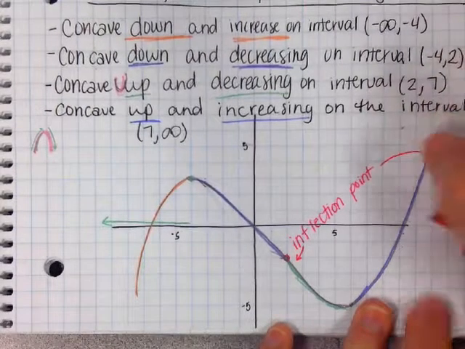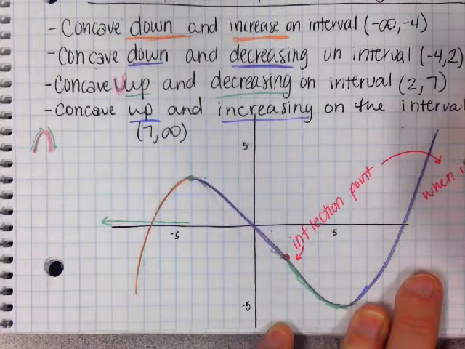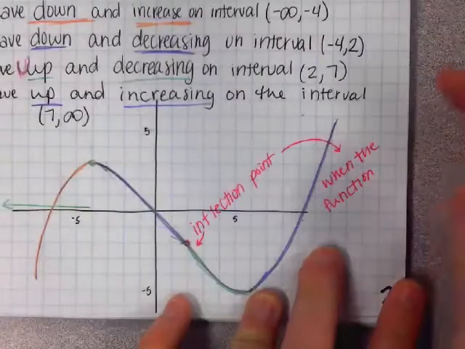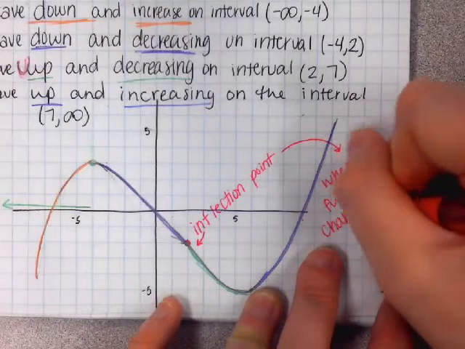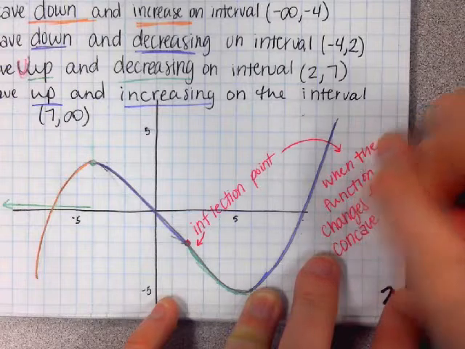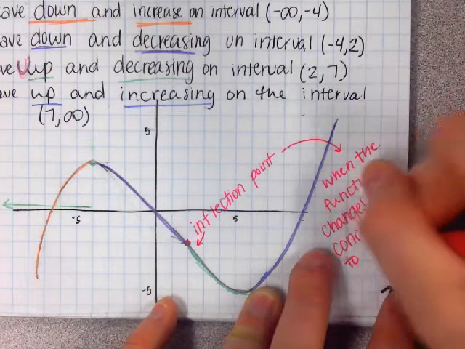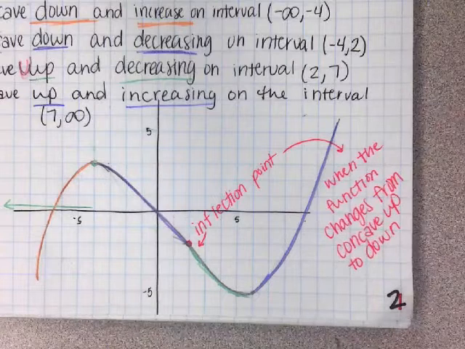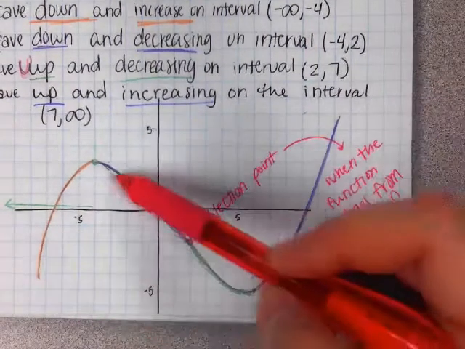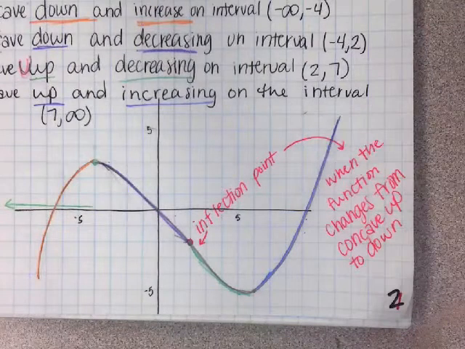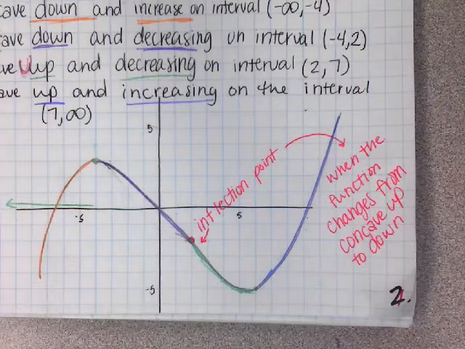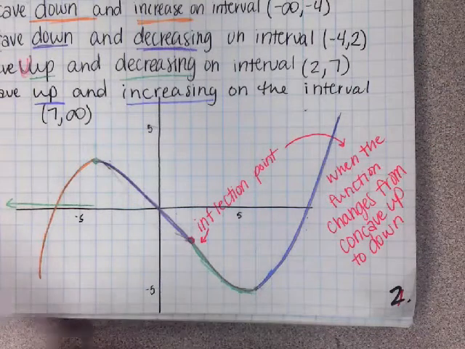An inflection point is when the function changes from concave up to down or vice versa. So you should have that in your notes, but I just wanted to go ahead and write it. So the inflection point is where it changes. So it's no longer concave down, it's now concave up. Okay.